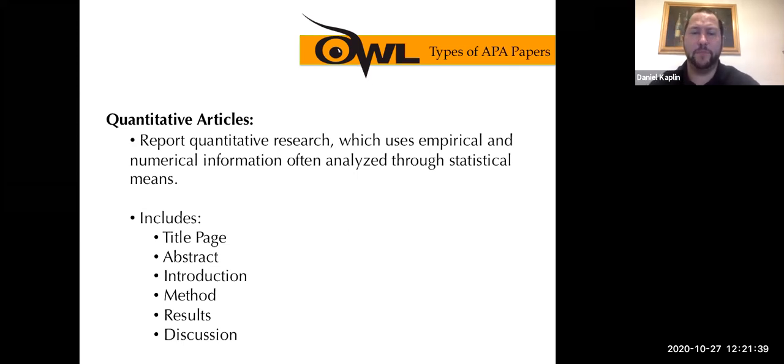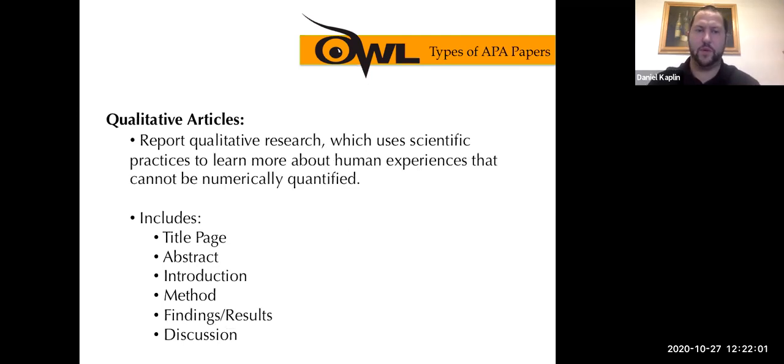This is an empirical research study with statistical analyses. So the various components of a quantitative report are a title page, abstract, intro, method, results, discussion, and obviously your references, tables, figures, and appendices as necessary. But that's a quantitative report.